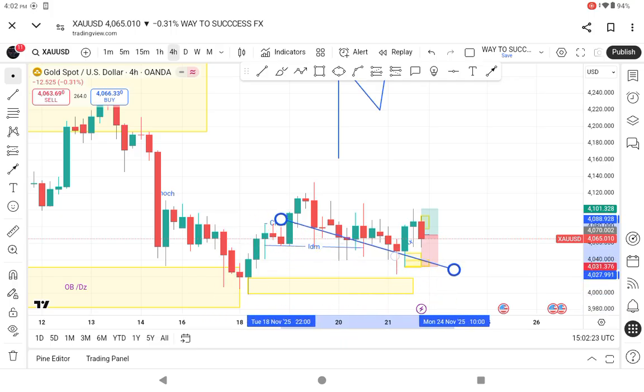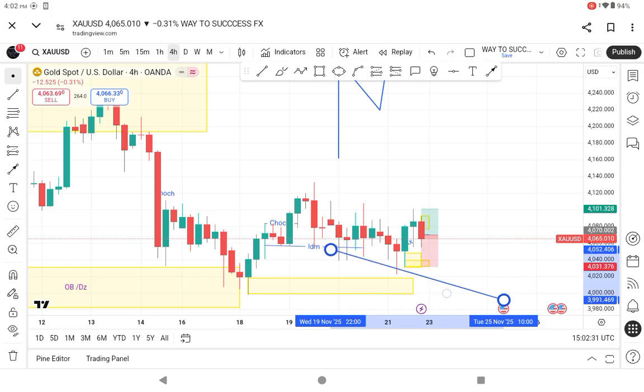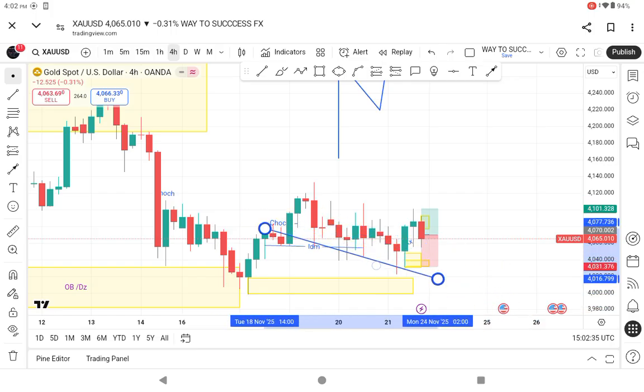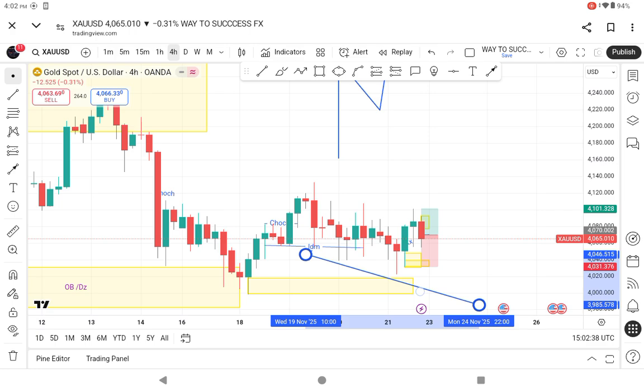So when this pullback was broken above, we have to see it as a change of character because now the market is giving us a bullish sentiment, a low and a high.